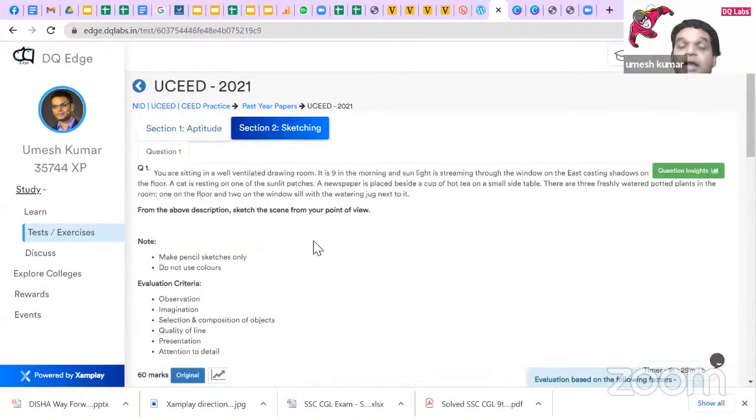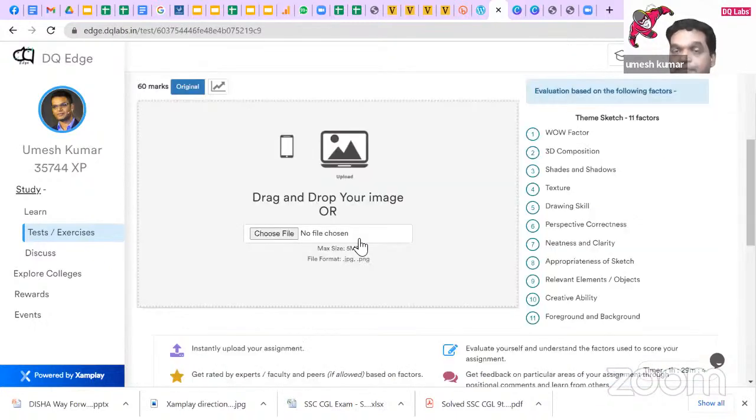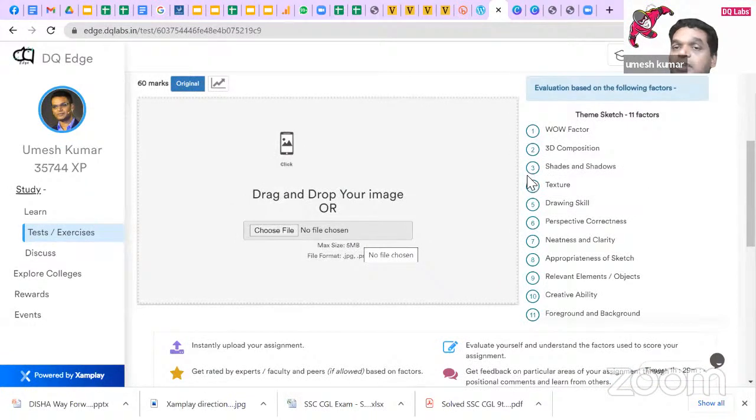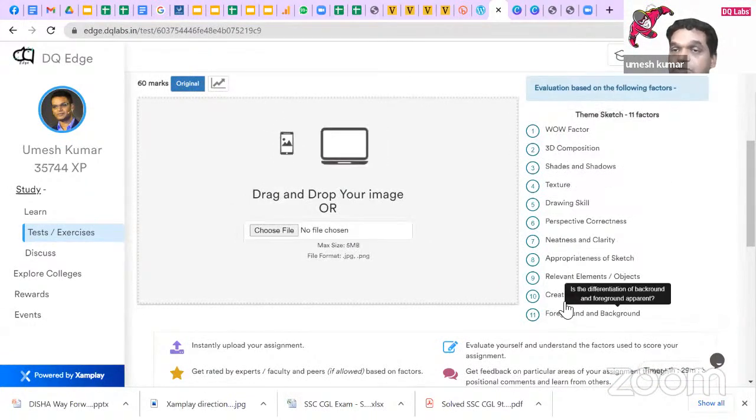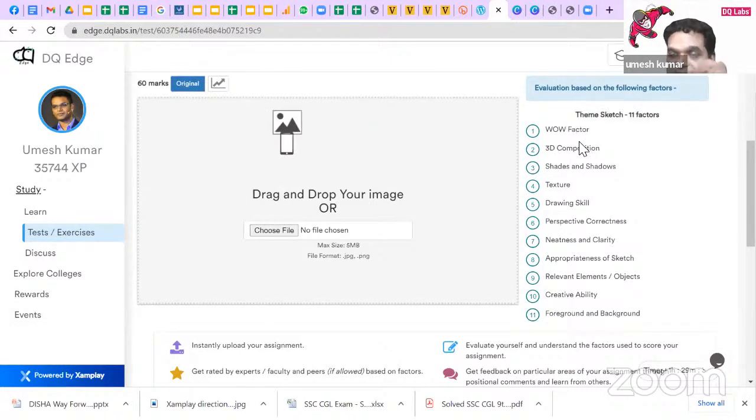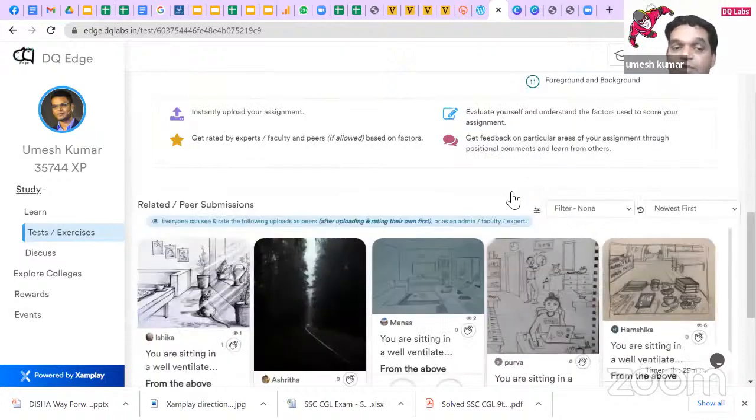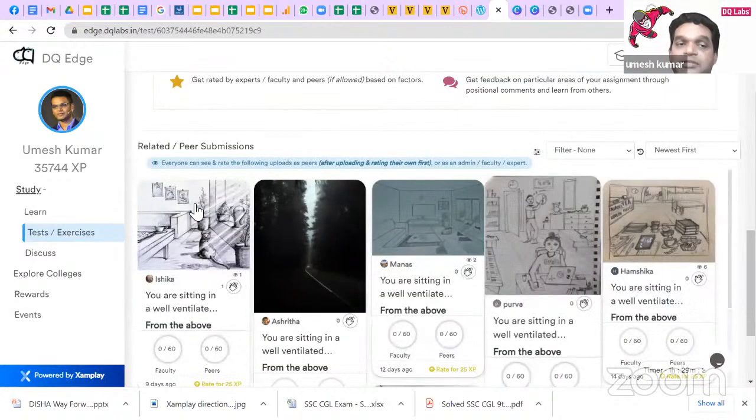On Edge, the beauty is you can also answer the sketching question and upload it. Once you upload, you get the option of self-rating your work against certain parameters. Once you have rated yourself, you will be able to see the works of all the past year students.